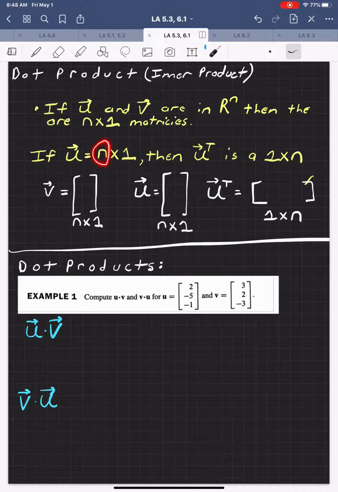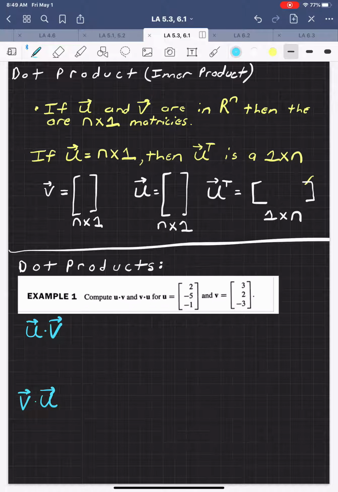So if we have n rows by 1 column, the transpose of that would be 1 row by n columns, right? And that's exactly what you're seeing here with u and u transpose. And the idea of a dot product in this matrix form is as follows.